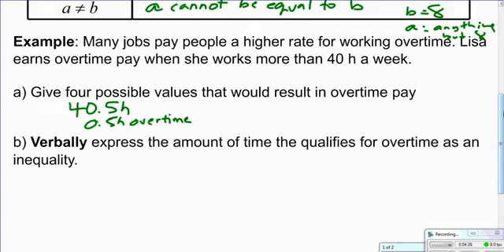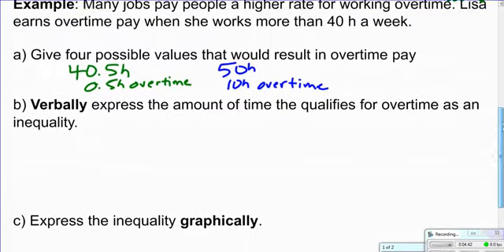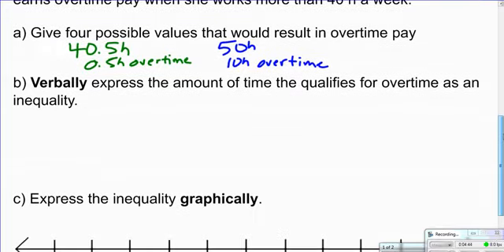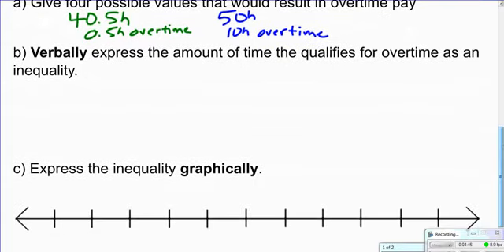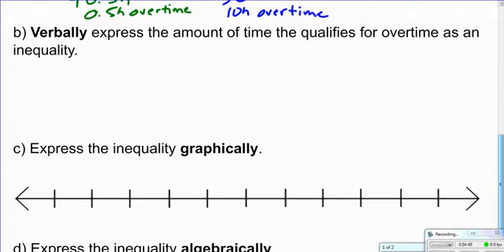If she worked 50 hours, she would have 40 hours of regular pay, and then she would have 10 hours of overtime pay. You can come up with 2 more examples for me for that one. So now it says verbally, so in words, express the amount of time that qualifies for overtime as an inequality.